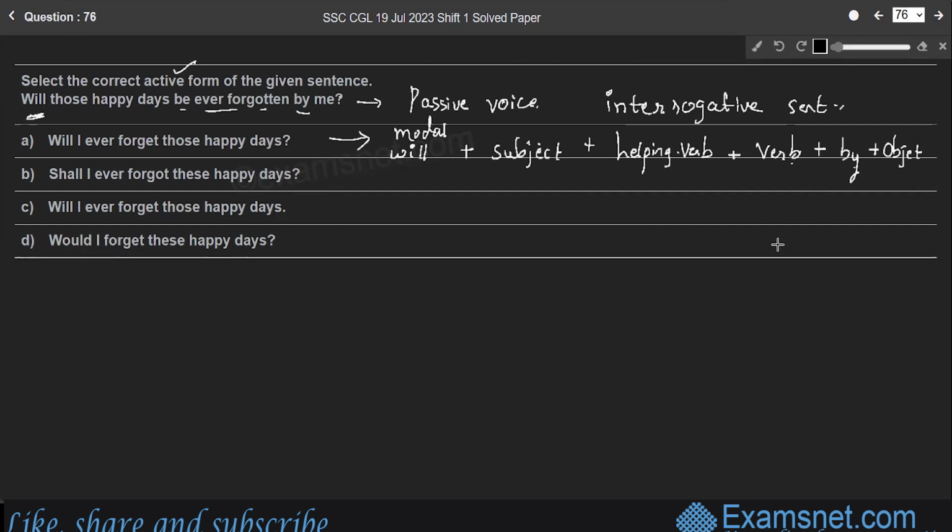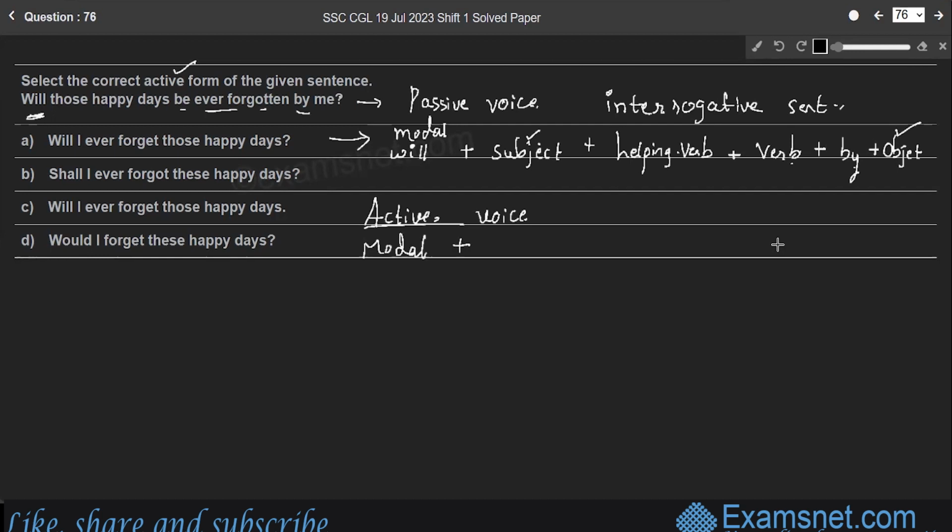In the active voice form, the subject of the passive voice becomes the object of the active voice, and vice versa. Object of the passive voice becomes the subject of the active voice. Also in active voice, the sentence starts with modal, right?